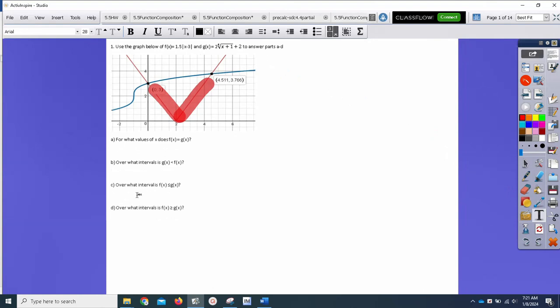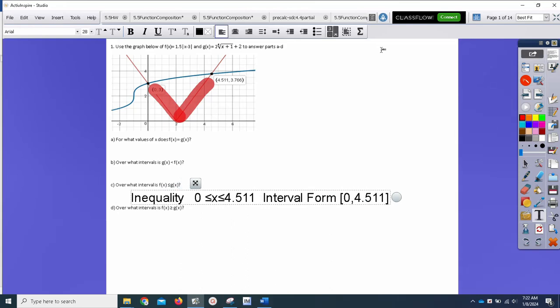So let me write down the inequality first, and then we'll translate that inequality into interval form. The inequality would be 0 less than or equal to x less than or equal to 4.511, which has an interval form of 0, 4.511. Pretty simple.